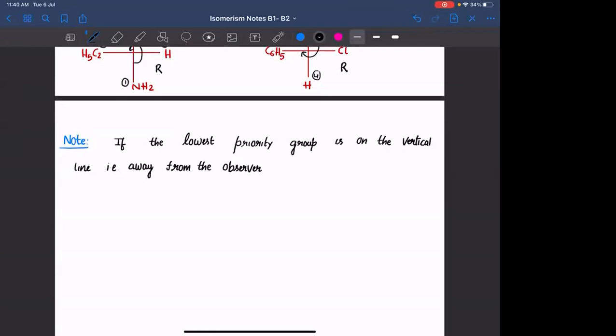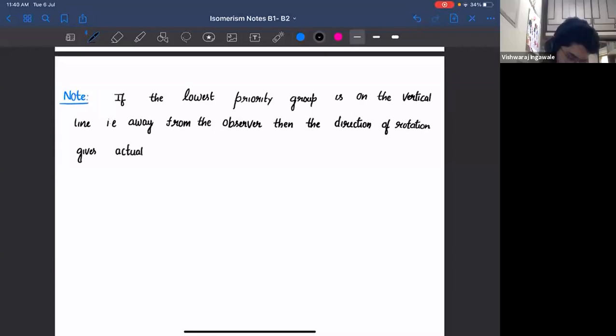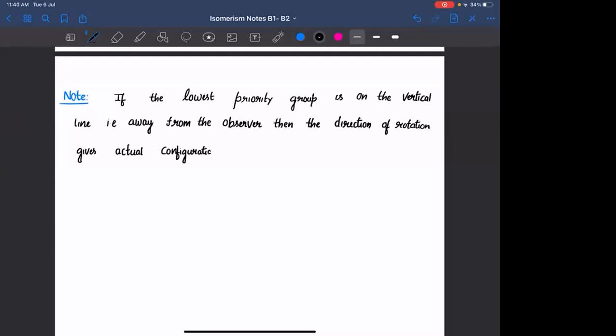Then the direction of rotation gives the actual configuration.